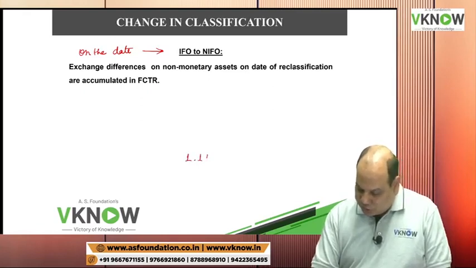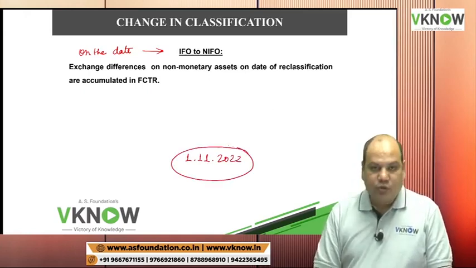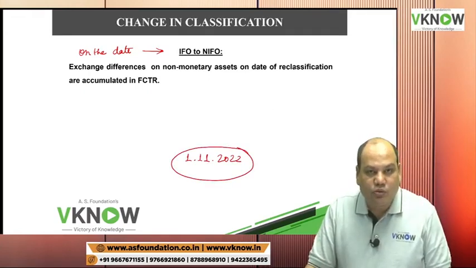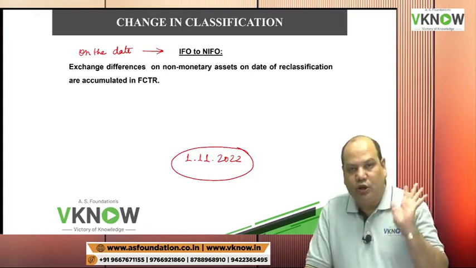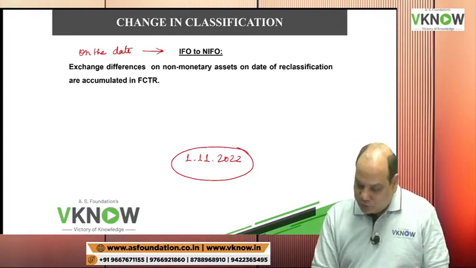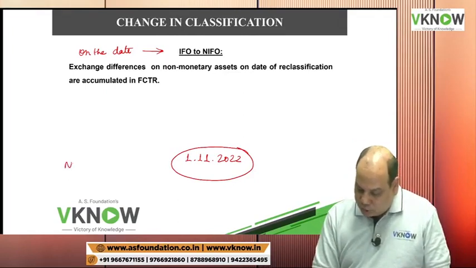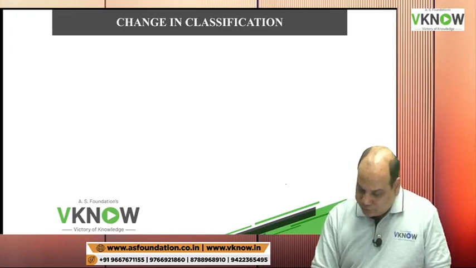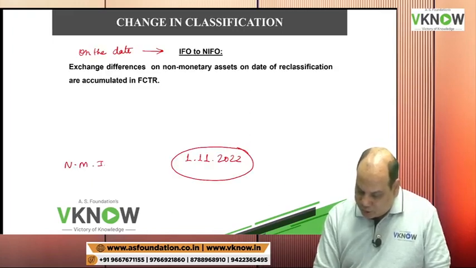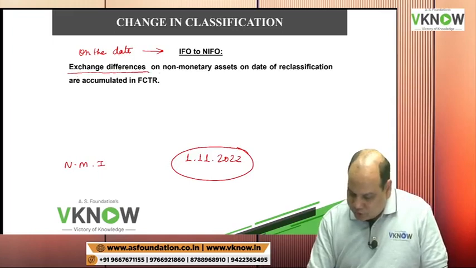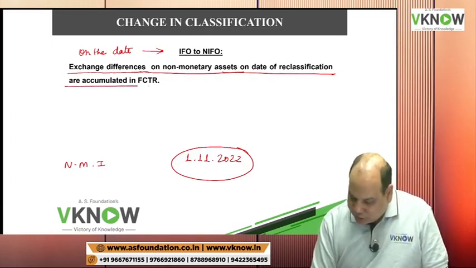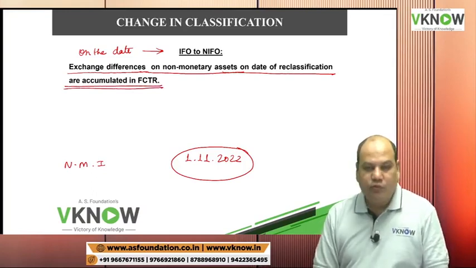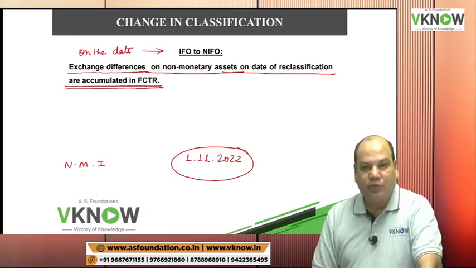Suppose on 1st November 2022, we have decided to reclassify an integral operation to a non-integral operation. So what will I do? The exchange difference on non-monetary assets on the date of reclassification will be accumulated in FCTR.